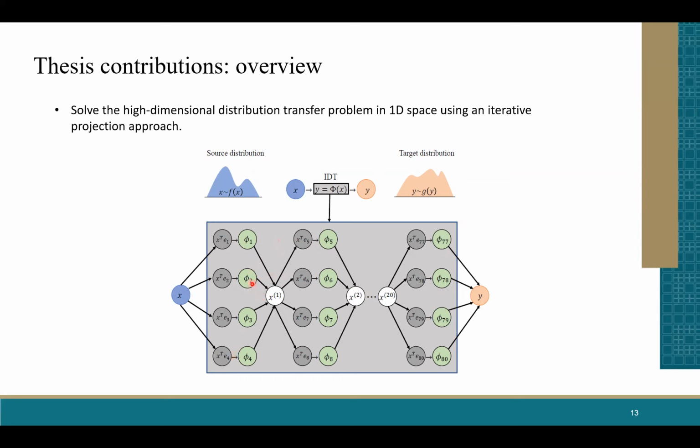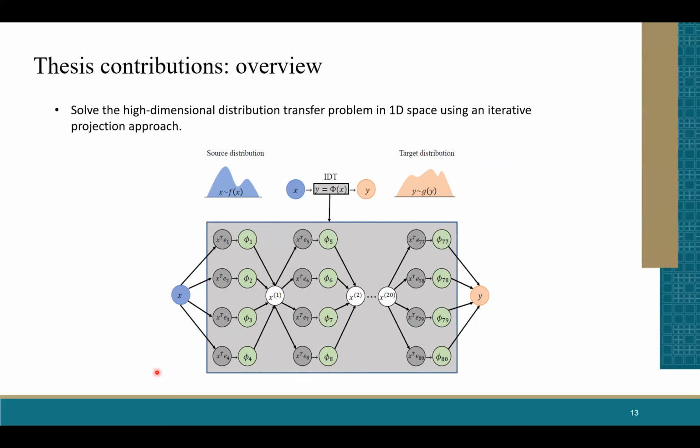Next we find the 1D solution of a chosen transformation function, and then propagate the solution back to the high dimensional space, and we repeat this operation in different directions in 1D subspaces until convergence. Here the 1D transformations are independent of each other.